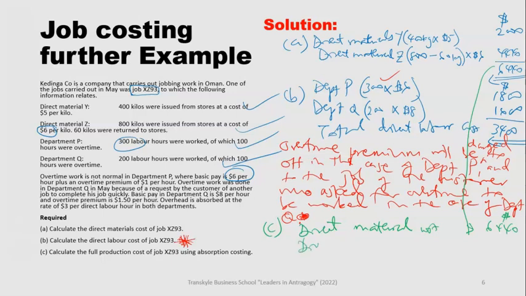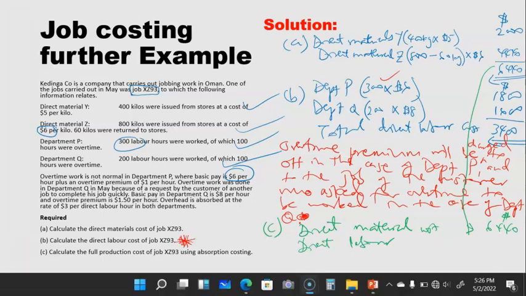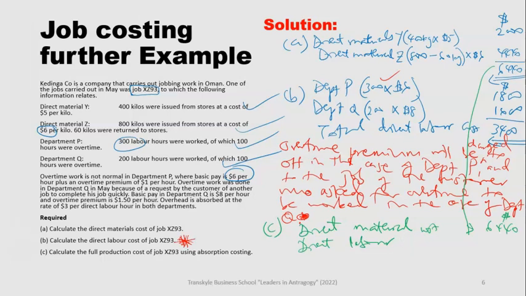All right, direct labor costs. We calculated this figure above. The direct labor was $3,400. Then production overhead.